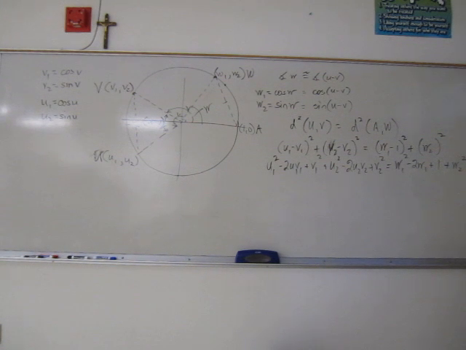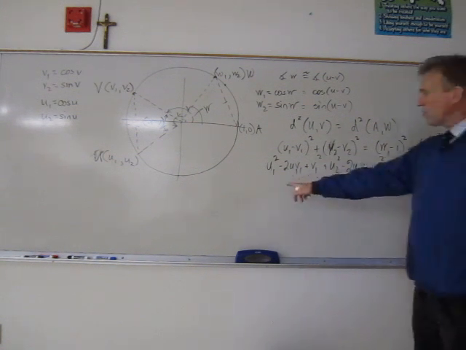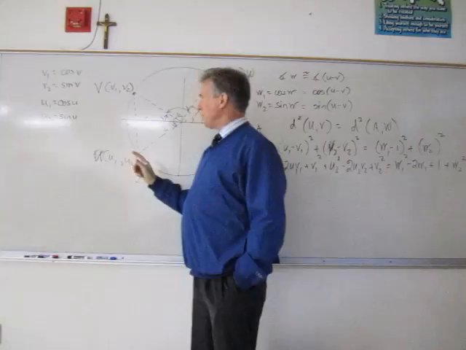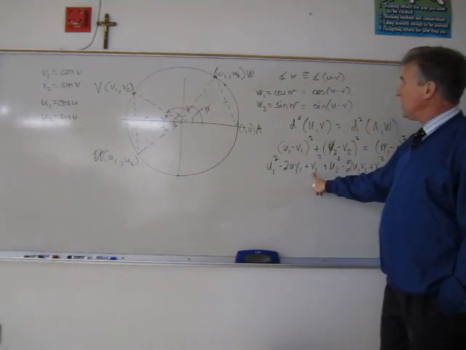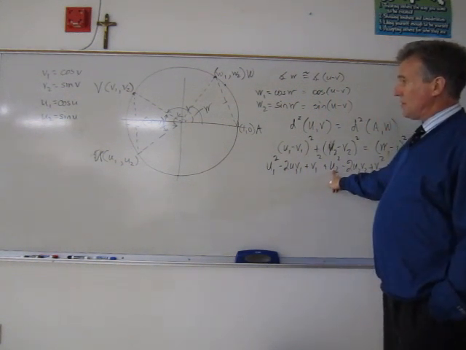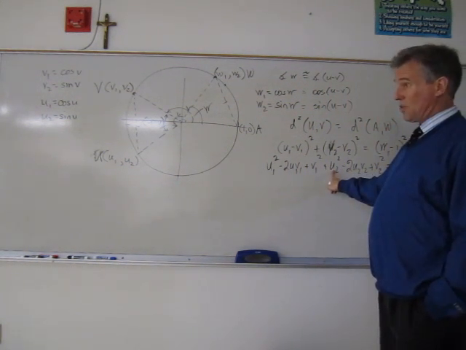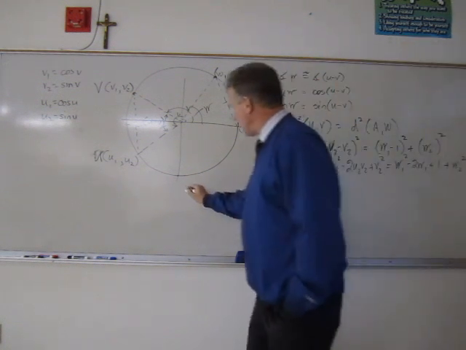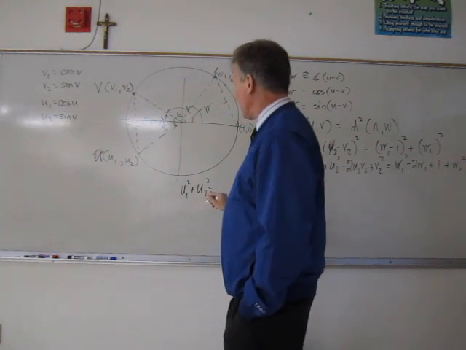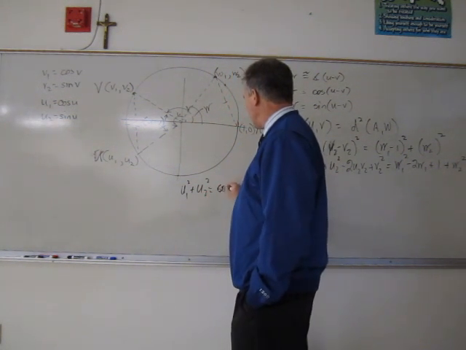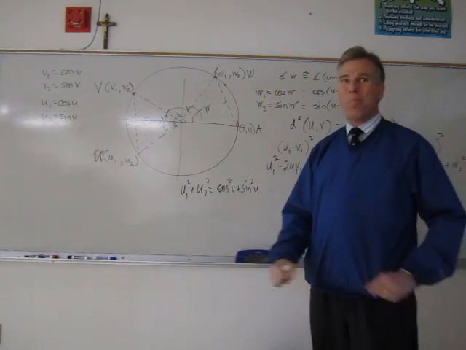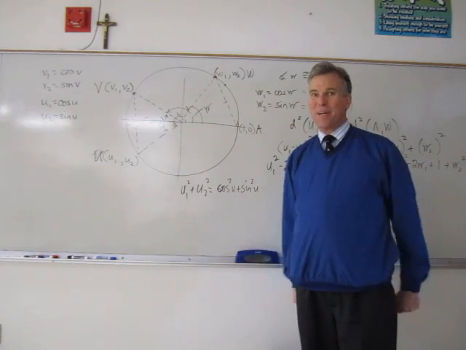Very interesting. What do these variables represent? Well, U sub 1 was cosine of U, and U sub 2 was sine of U. So if I look at U sub 1 squared plus U sub 2 squared, what I really have here is cosine squared U plus sine squared U. And you're saying, aren't I happy that I know my fundamental identities?